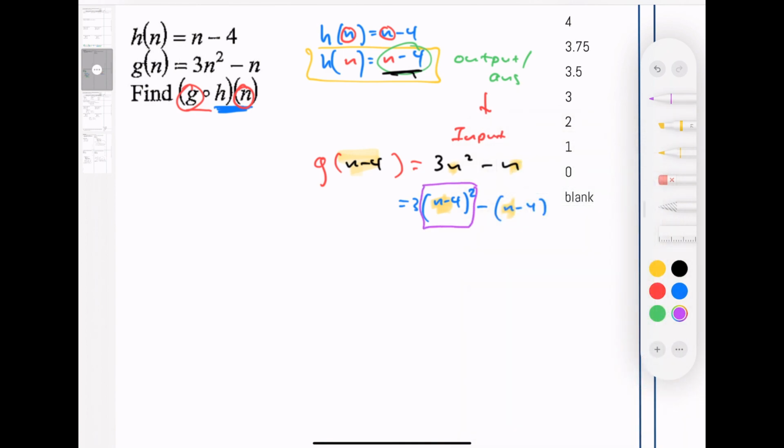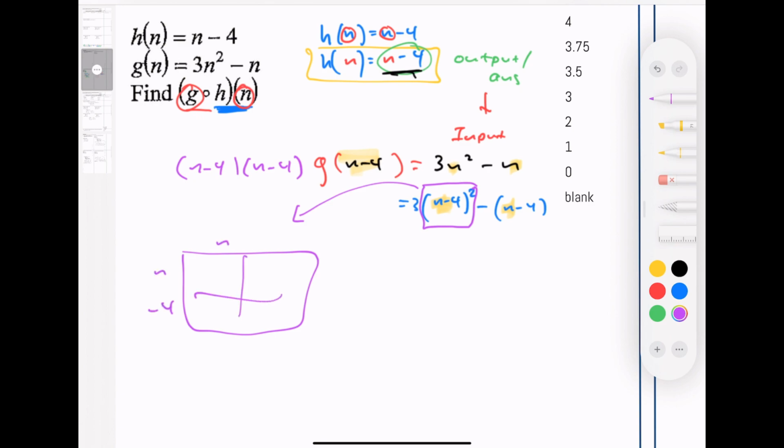So this portion, I'm going to draw a box because it's n minus 4 times n minus 4. And that's what n minus 4 squared means. We're going to multiply and then combine like terms. So in purple, I'm going to have n squared minus 8n plus 16.